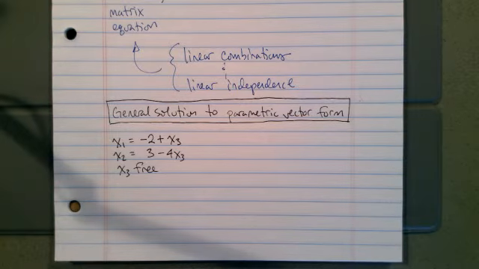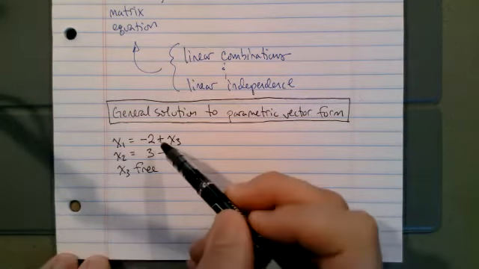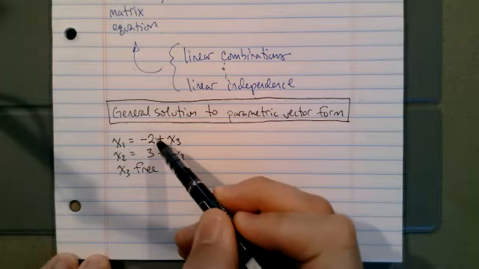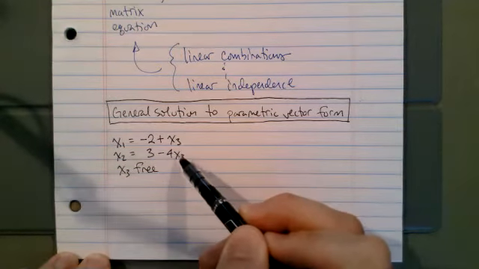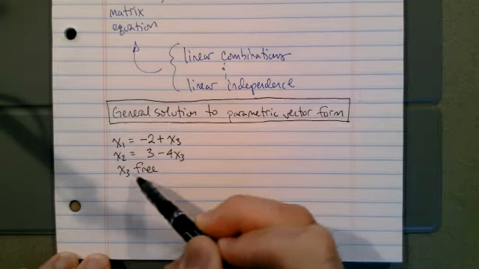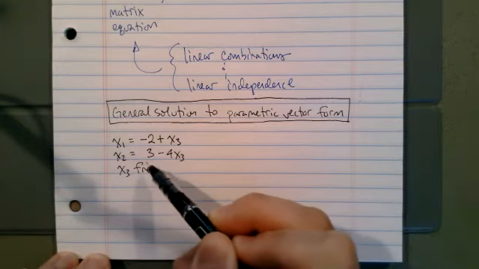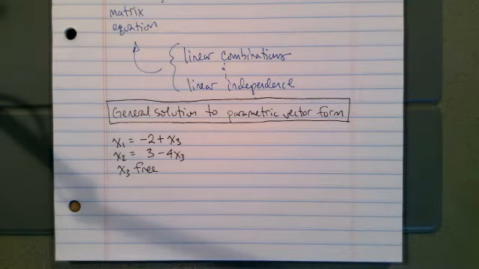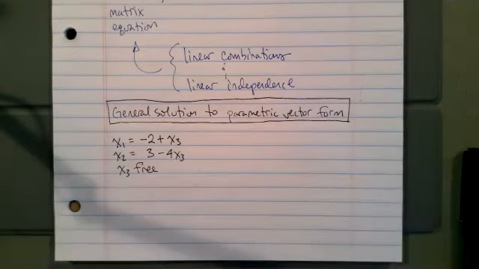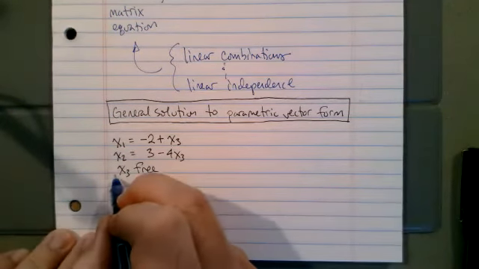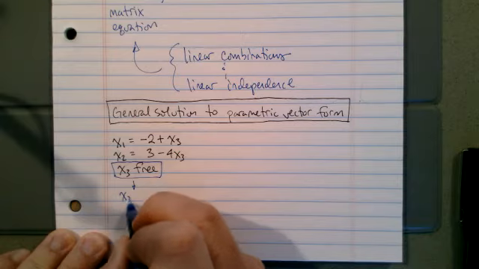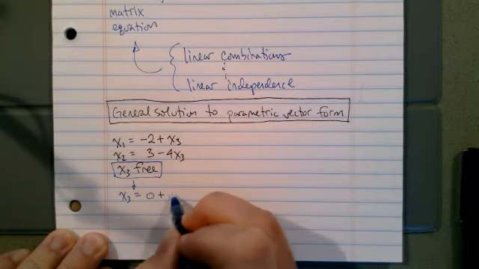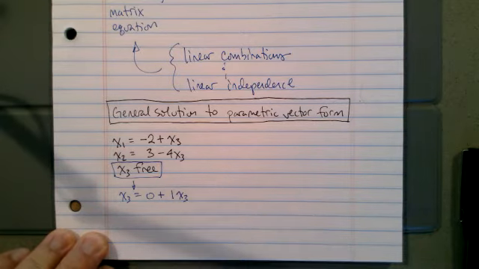What we want to do is notice that in x1 and x2, there are some constant values. And for x3, there are some coefficients of x3. We could think of this statement that x3 is free by writing an equation. We can think of x3 is free by saying this equation is just saying that x3 is 0 constants plus 1 x3.